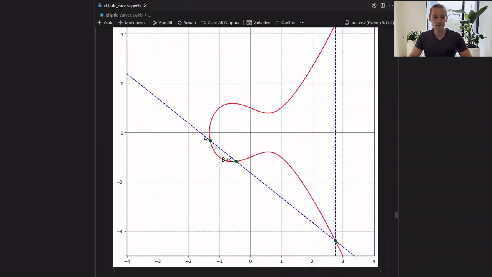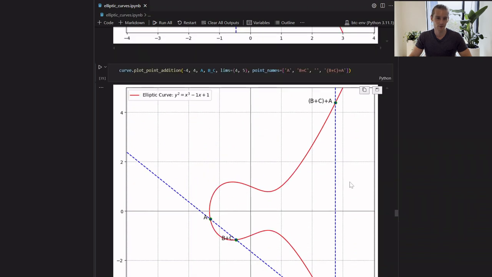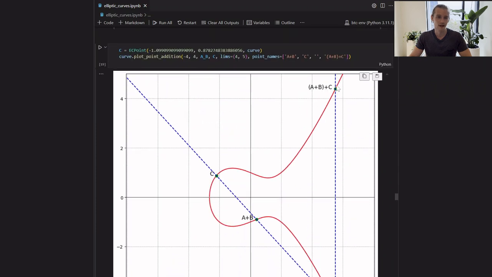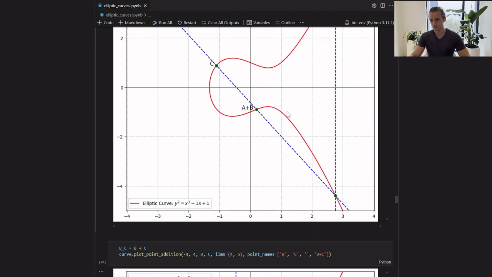Now if we take the same point A that we had above and add B plus C to A, then what we do is we take the straight line through them, find the point where it intersects for a third time and reflect over the x-axis. And as you can see, this point here, which is B plus C first and then adding A, is the same as doing A plus B first and then doing plus C.